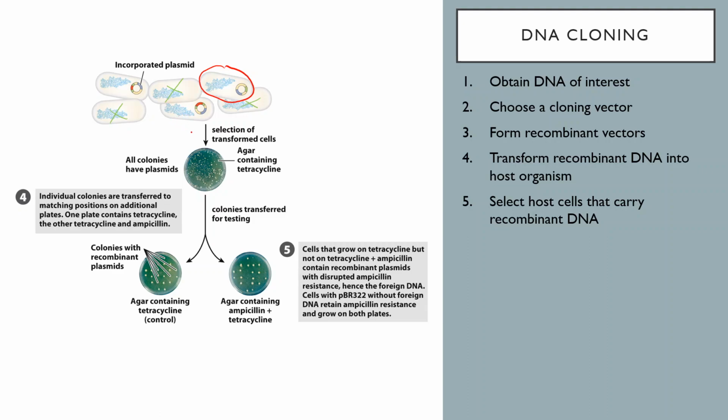So the way that we test for the presence of ampicillin resistance is, the first thing you do is you grow your bacteria on a plate that is not covered in any antibiotic, but you grow them in colonies that are in precise positions.